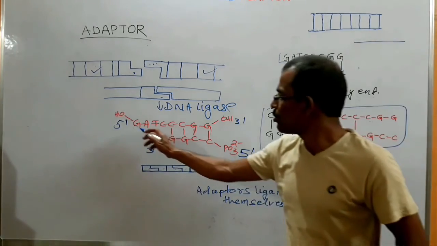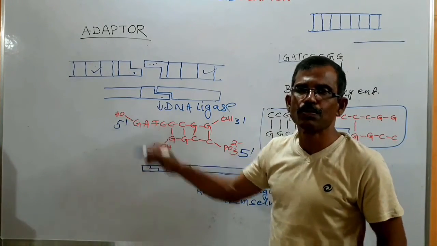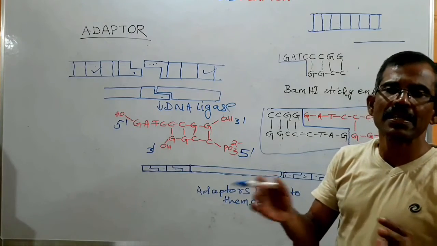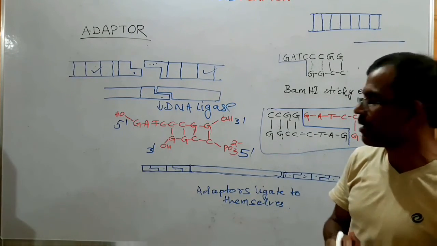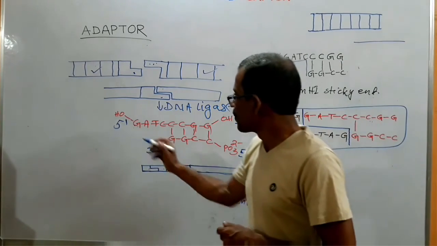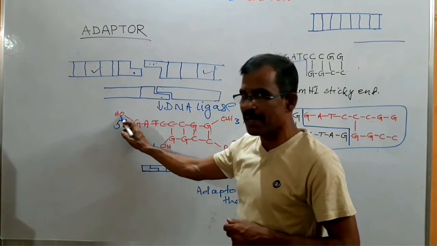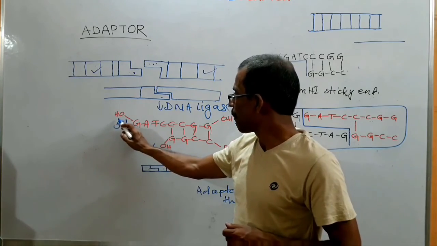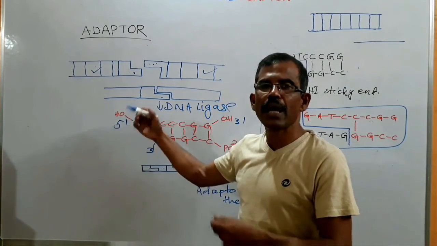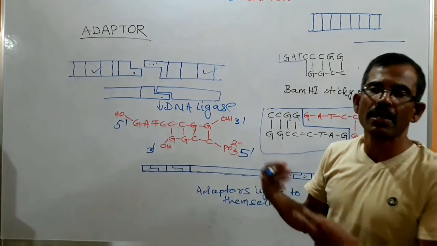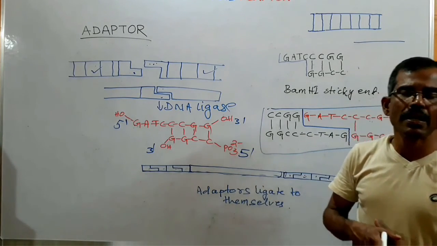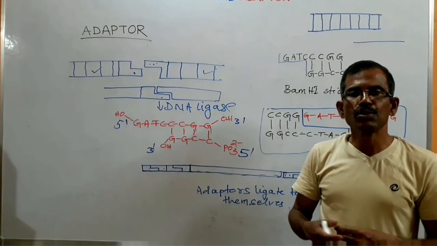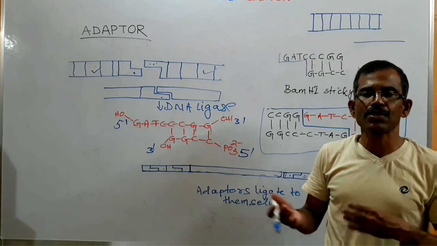So after removing the 5' phosphate group, self-ligation is not possible. When ligation is necessary, for that a phosphate group can be added to the 5' end with the help of enzyme polynucleotide kinase. So friends, this is about linker and adapters, the uses and the limitations that are associated with them.